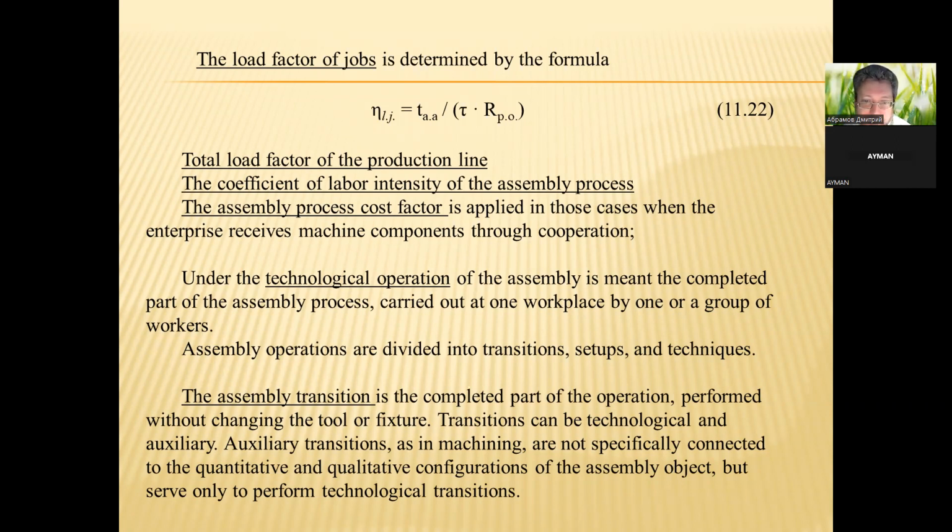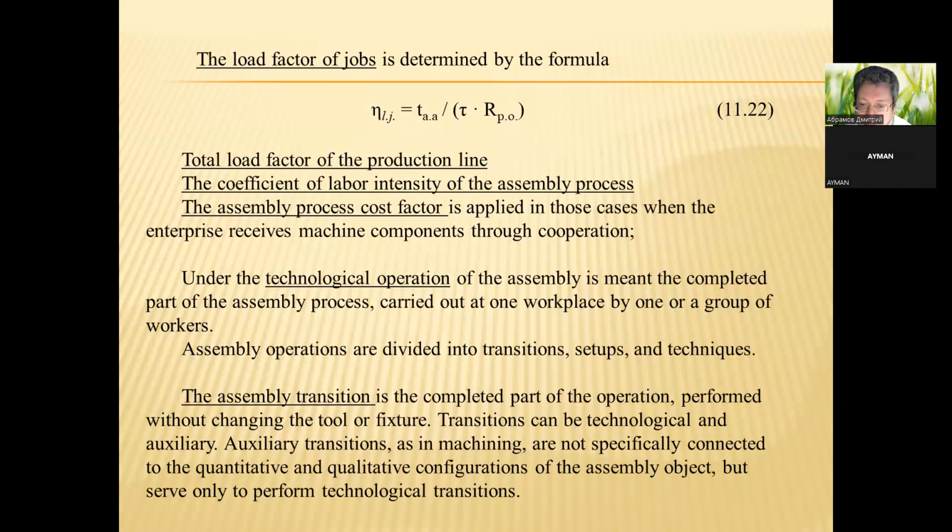Under the technological operation of the assembly is meant the completed part of the assembly process carried out at one workplace by one or a group of workers. Assembly operations are divided into transitions, setups, and techniques. The assembly transition is the completed part of the operation performed without changing the tool or fixture.